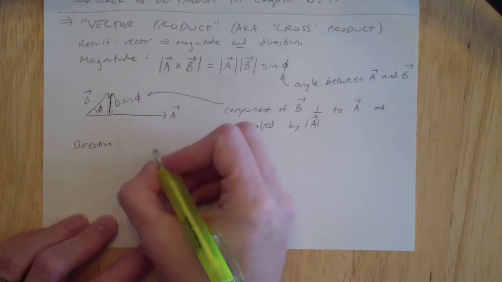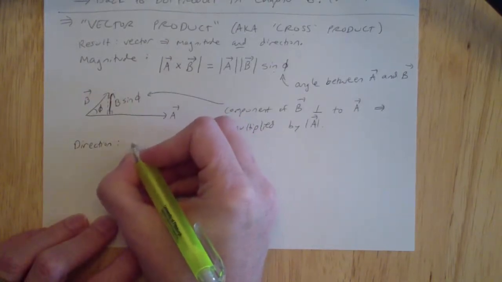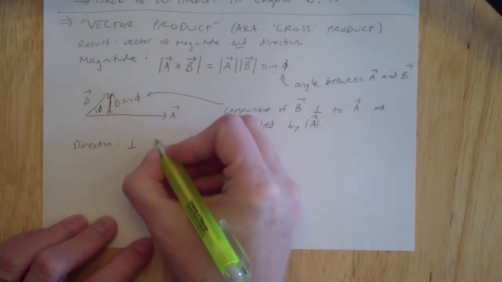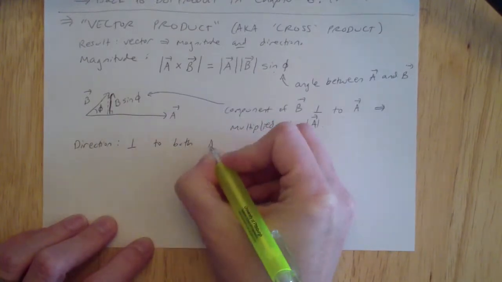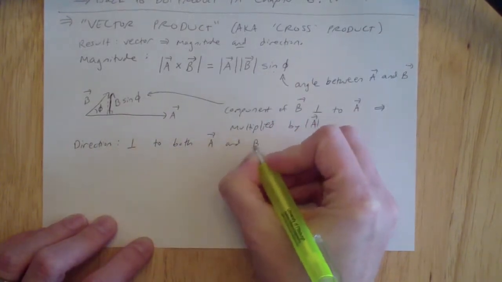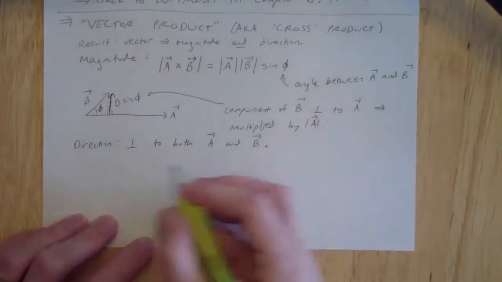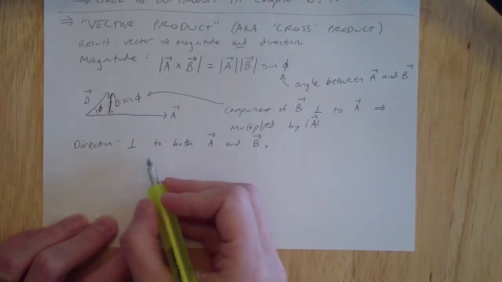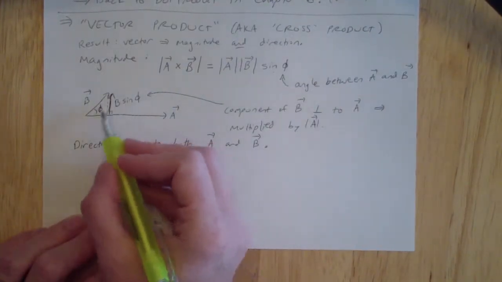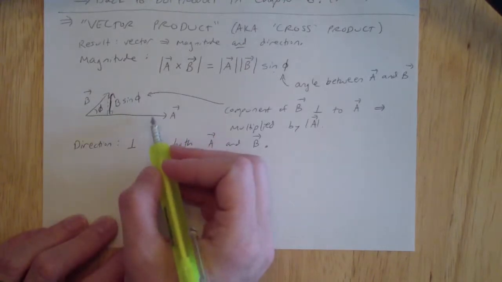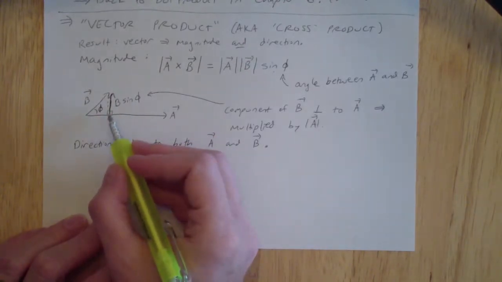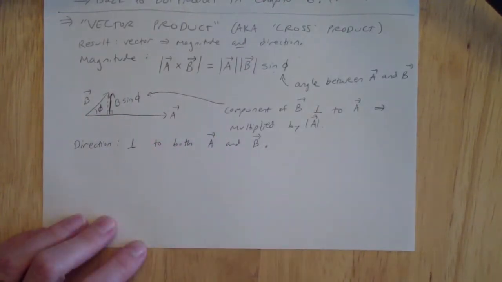So the direction is actually going to be perpendicular to both A and B. So the final direction of the vector product is not going to be in the plane that A and B make. In this case, it would be out or into the page.